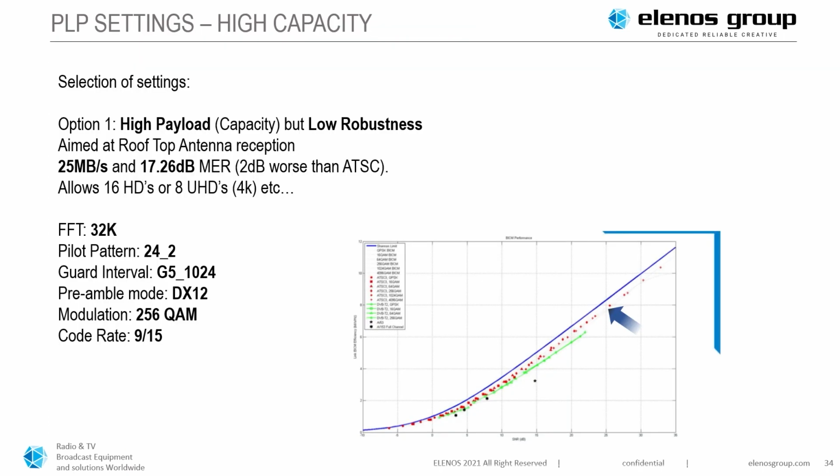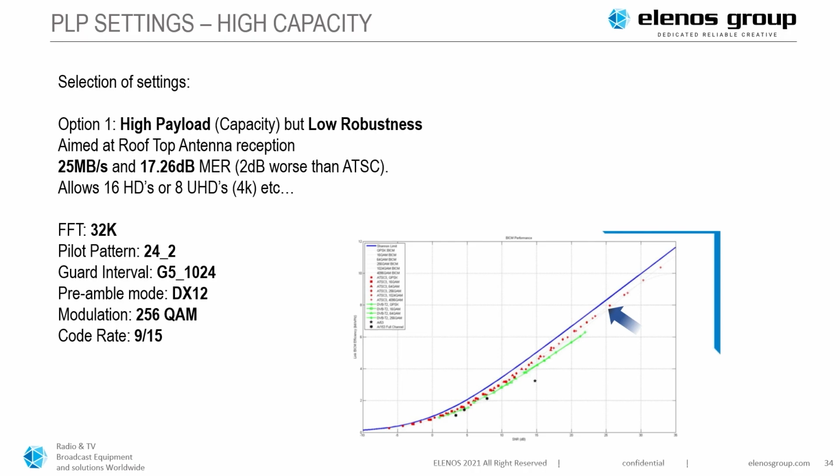So how do you actually go about doing this? How do you actually start? I mean, where do you start? The key is you basically set some standard settings, whether you're aiming for a high bit rate but low robustness, or the other way around, or somewhere in the middle.